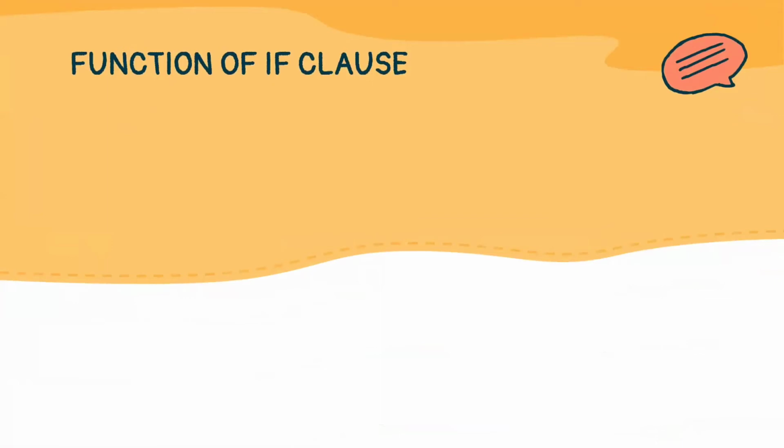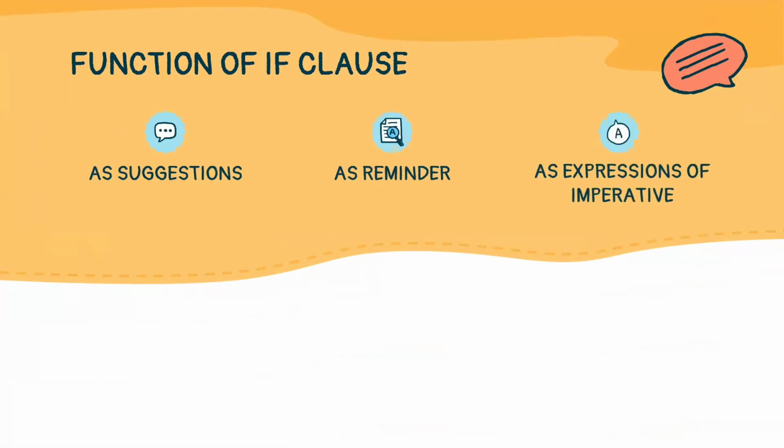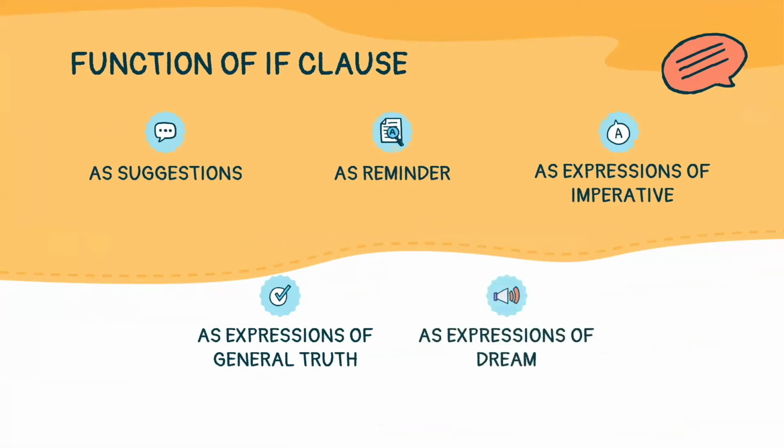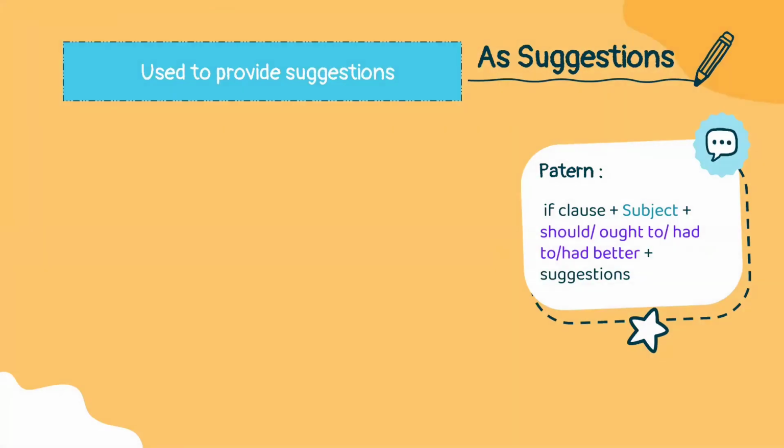Function of if clause. There are 5 functions of if clause. First, as suggestion, as reminder, as expression of imperative, as expression of general truth, as expression of dream. First, suggestion, used to provide suggestion.